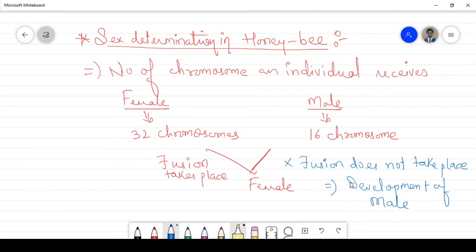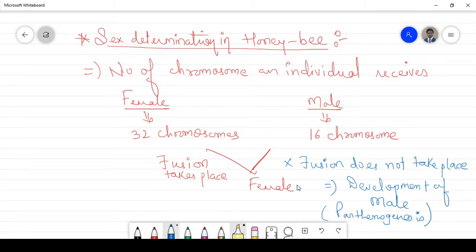The development of the male without the female chromosome is known as parthenogenesis. Parthenogenesis means what? Without the process of fertilization.